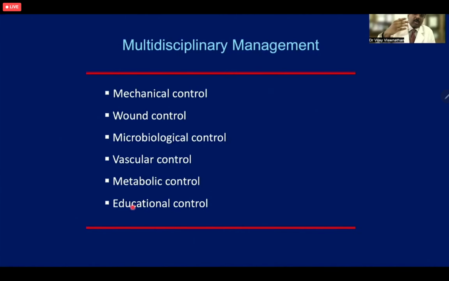Now, talking about multidisciplinary approach, you can save many a limb if you have a multidisciplinary approach. This is an example of a patient who came to us with an infected wound in the ankle joint area with necrotizing fasciitis.